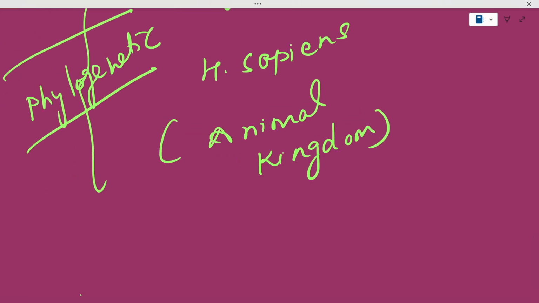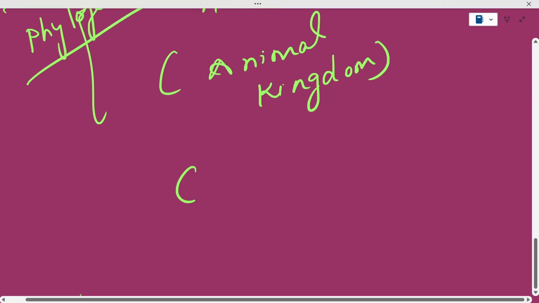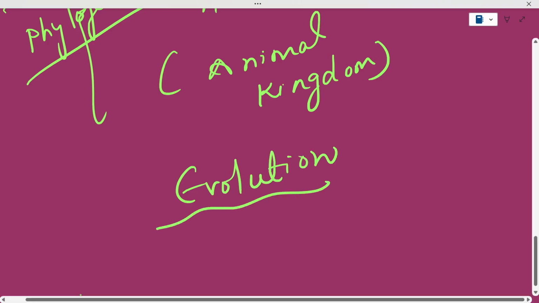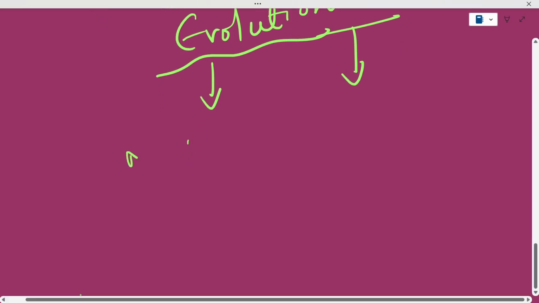So that's why many rules of animal kingdom apply on us. Then we are talking about evolution in animal kingdom, which can take two forms whenever we see it. That is mating and inheritance.